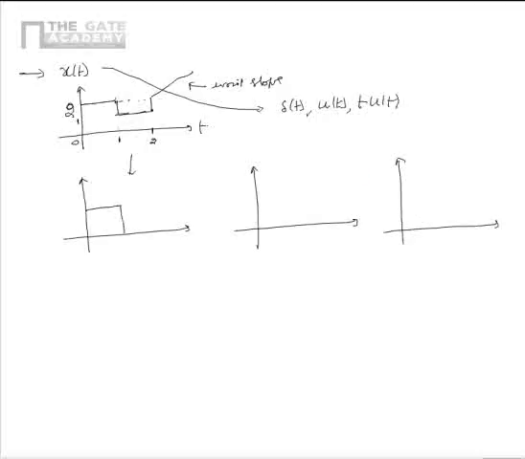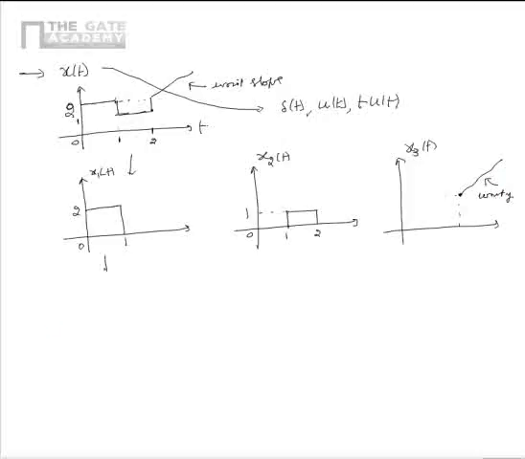x1 of t is a pulse in the range 0 to 1 of magnitude 2, and x2 of t is a pulse in the range 1 to 2, and it's of magnitude 1. x3 of t is a ramp which starts at the instant 2 from the value of 2, and it has unity slope.